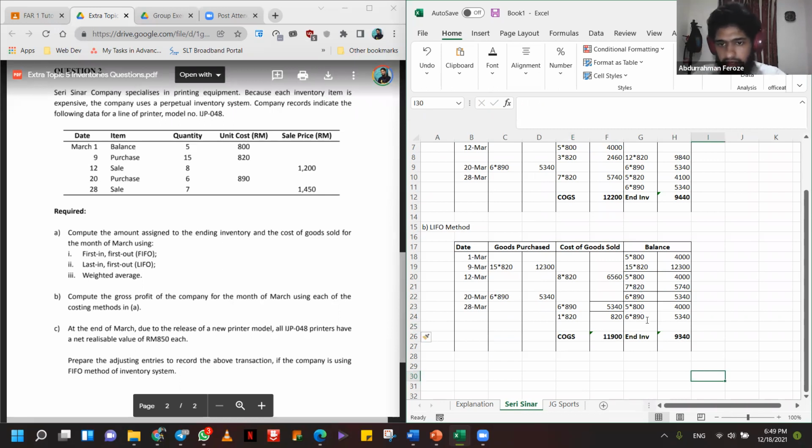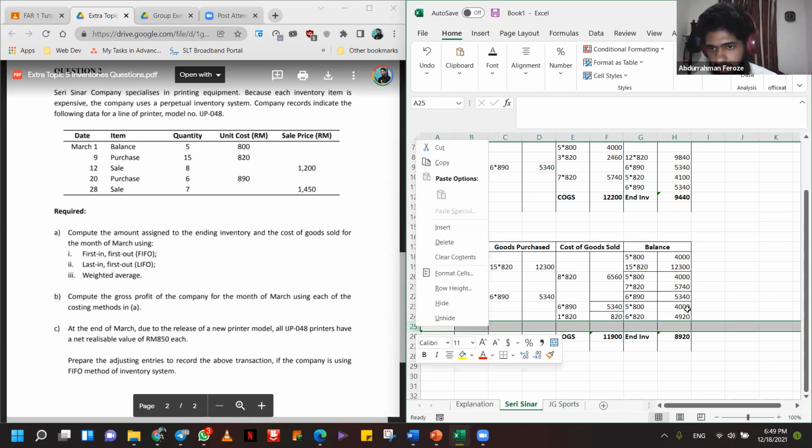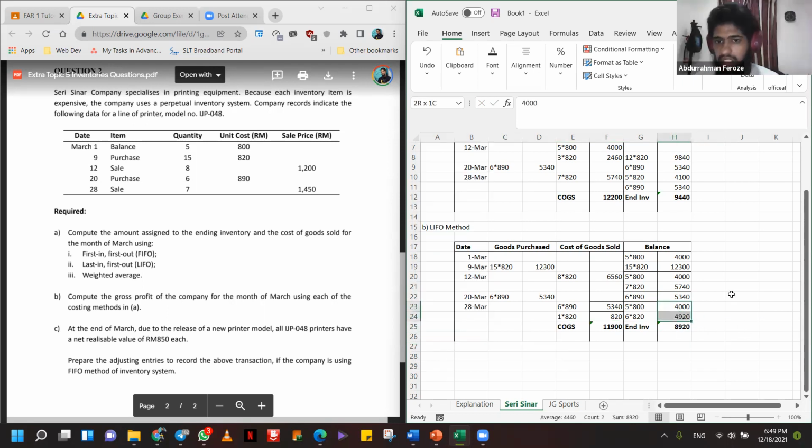So it'll be 6 into 820, which is 4,920, and there are no printers remaining from the 890 batch. So this would be the ending inventory for the month of March using the LIFO method, and the cost of goods would be the sum of this.